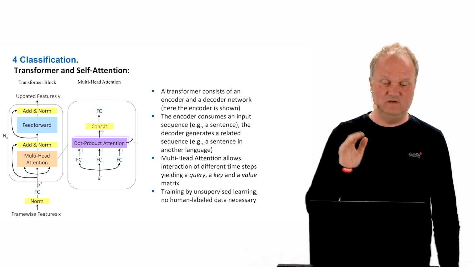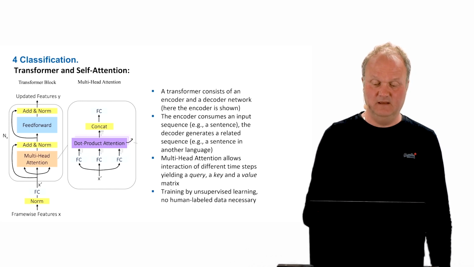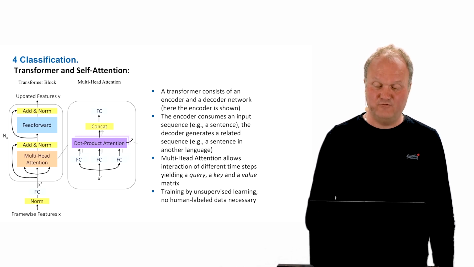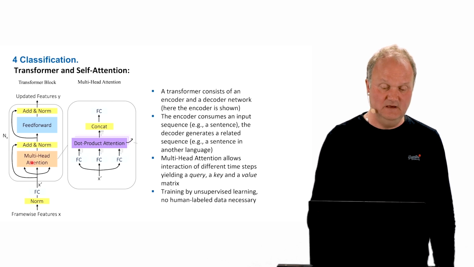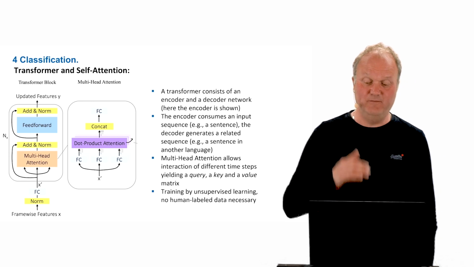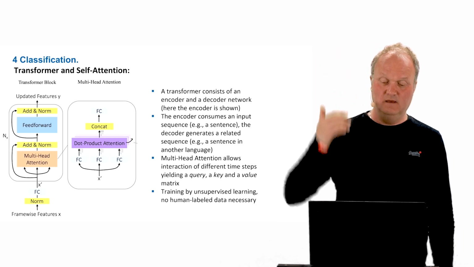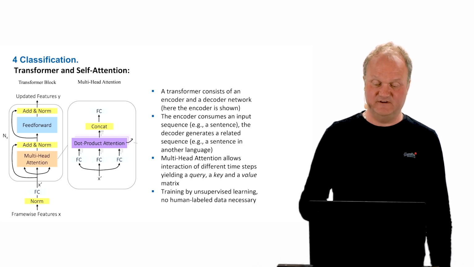So it's a sequence-to-sequence architecture. The encoder mainly consists of a multi-head self-attention layer with a subsequent feed-forward layer, which you see here on the left-hand side. This transformer block is repeated multiple times to create a deep neural network by stacking several of these transformer blocks on top of each other.